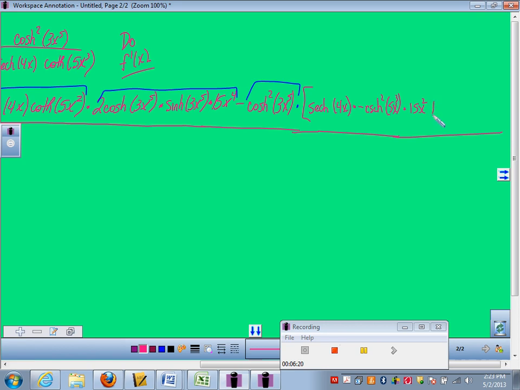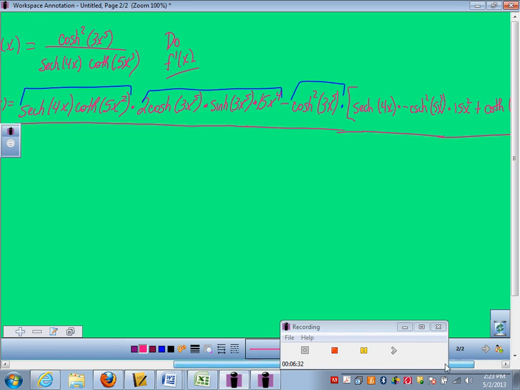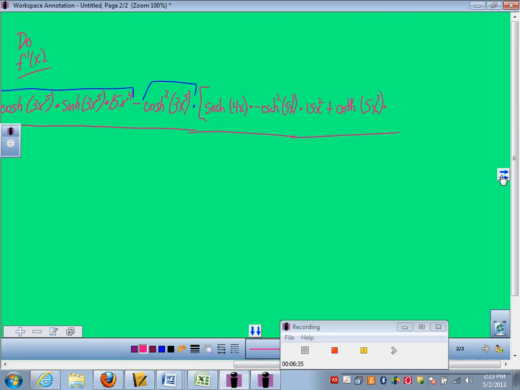Plus, second is our hyperbolic cotangent of 5x cubed, and I need the derivative of the first, which is now off my screen. First is hyperbolic secant of 4x, so that's not too bad. What's the derivative of hyperbolic secant? Positive or negative? Negative. It's the one that changed, yes.